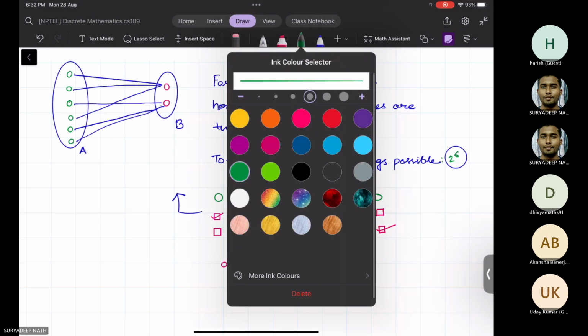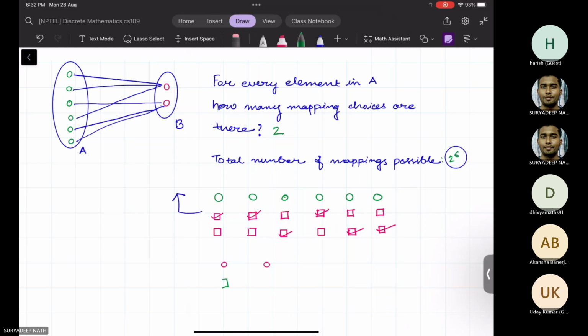So why is it not 6 to the power 2? Why is it 2 to the power 6? Can anyone think about it and tell me why it is 2 to the power 6 and not 6 to the power 2?